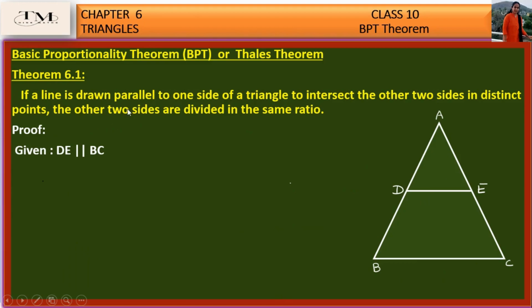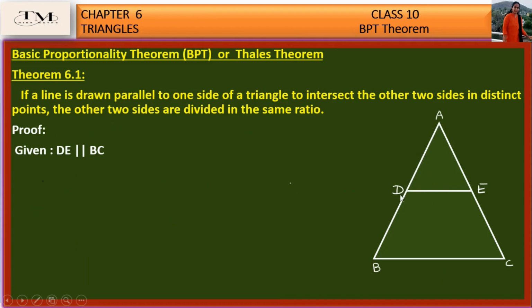Now, if a line is drawn parallel to one side of a triangle to intersect the other two sides, the other two sides are AB and AC. So it intersects the other two sides in distinct points. The distinct points are D and E. Then, the other two sides are divided in the same ratio.